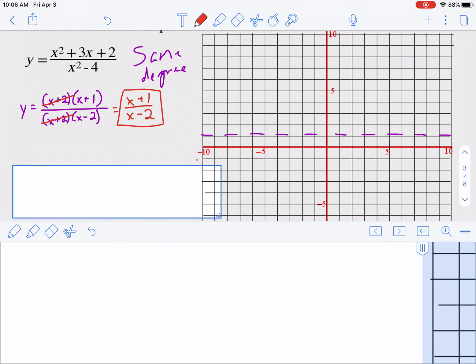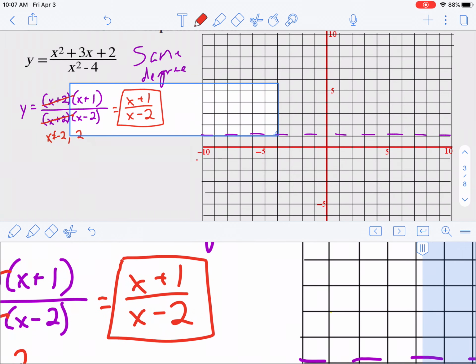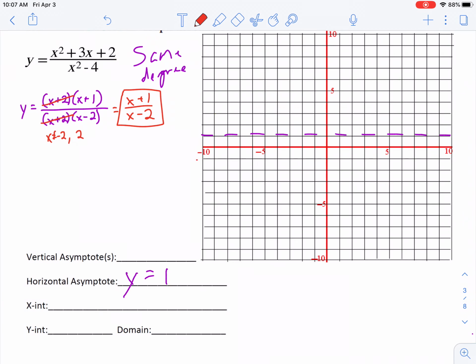Because x plus 2 and x minus 2 are in my denominator, I know that x cannot equal negative 2 or positive 2, right? Because that would make 0 in my denominator. Now, because the plus 2's cancel, my vertical asymptote is only going to be the positive 2. Okay?